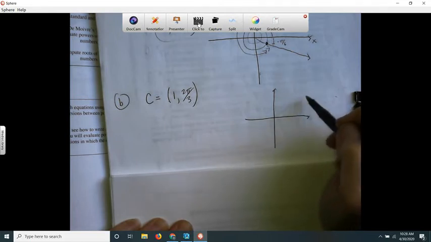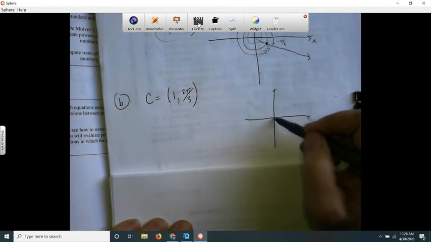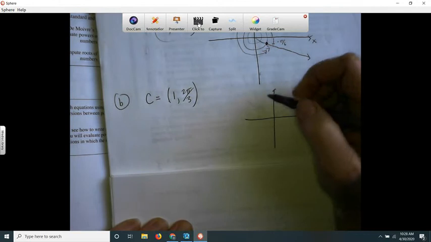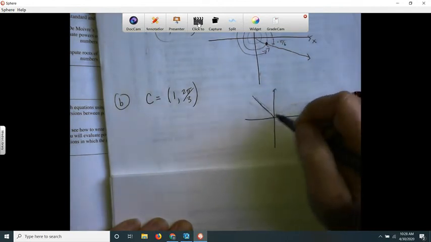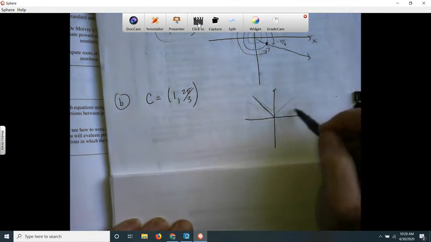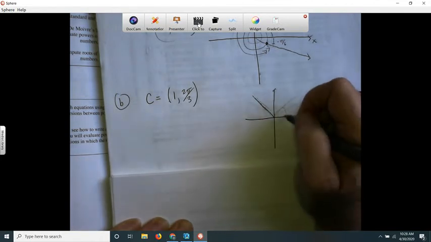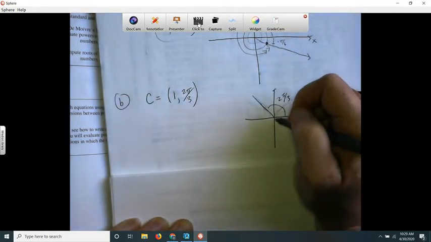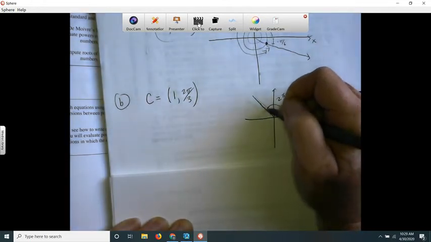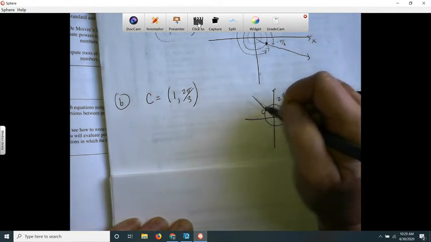I think 2 pi over 3 is over here, right? You don't even have to have the fancy paper. That doesn't look like pi over 3. This is 1 pi over 3, so this would be 2 pi over 3. So this is 2 pi over 3, and my radius is 1. I'll just turn this into a radius right here. And that's point C.